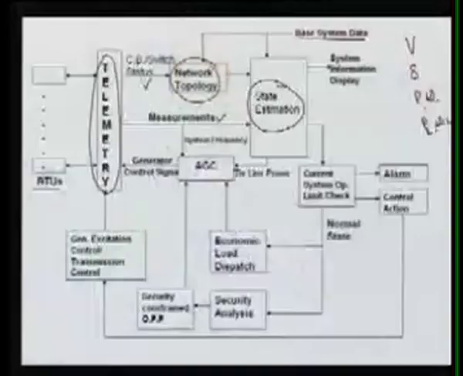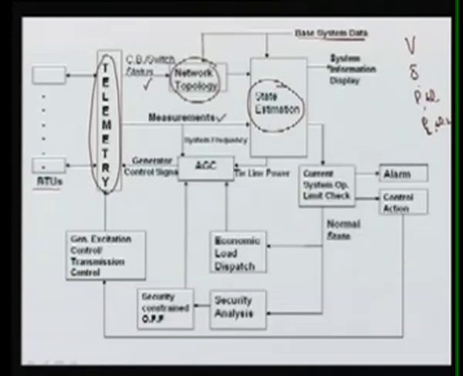So with the help of the various measurements, we obtain the voltage and angle that are the best estimate. In state estimation we are basically doing error reduction. We have to eliminate the errors as much as possible, so that whatever information we get in terms of voltage and delta can be treated as exact, and based on that we do other online security analysis as well as economic dispatch, that is, the energy management functions.